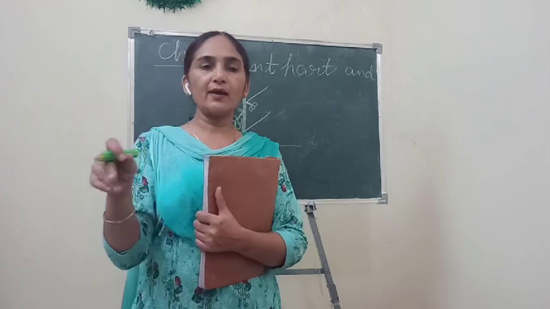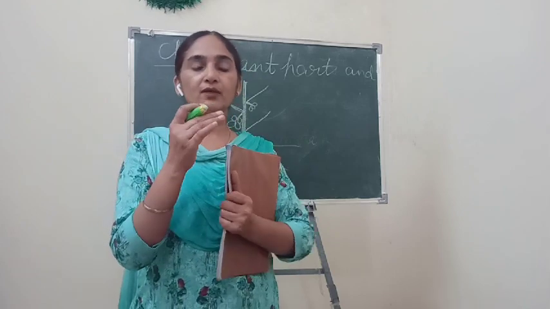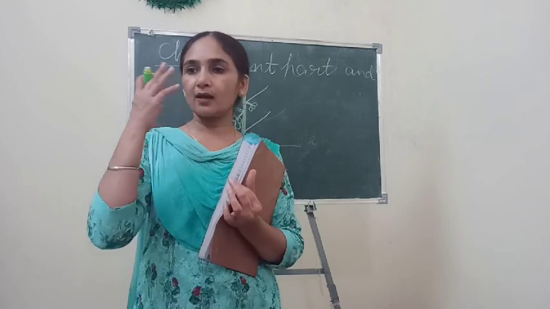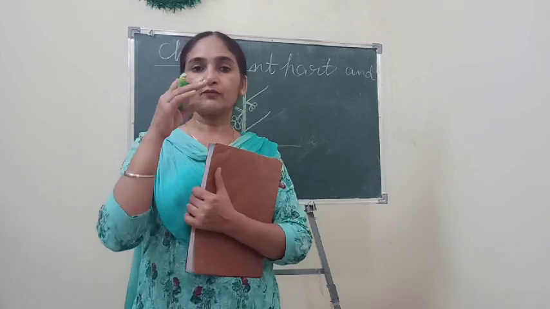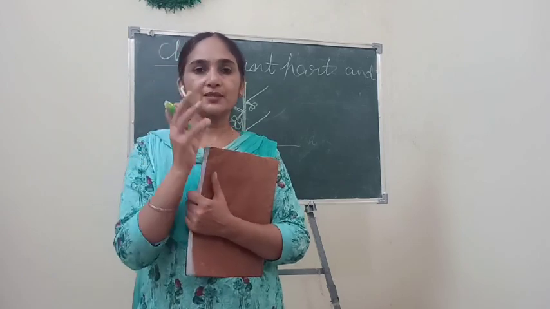Means the full life cycle of a plant we have studied here, that we started from the root system, shoot system, how the flower blooms, and how from the flowers fruits are formed, and inside the fruit seeds are there.